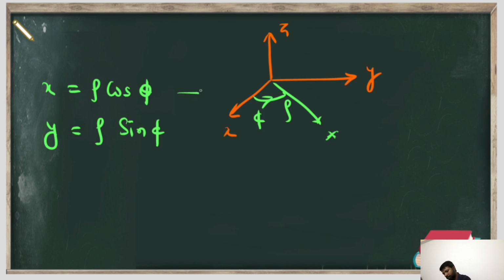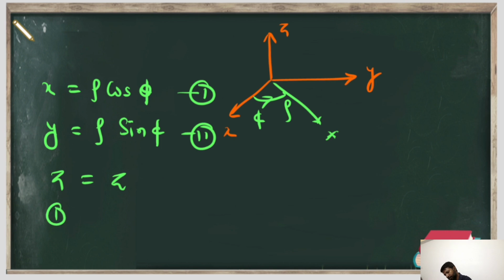If we have an idea about rho and phi, then with the help of these equations we can easily convert a point given in the cylindrical coordinate system into the Cartesian or rectangular coordinate system.